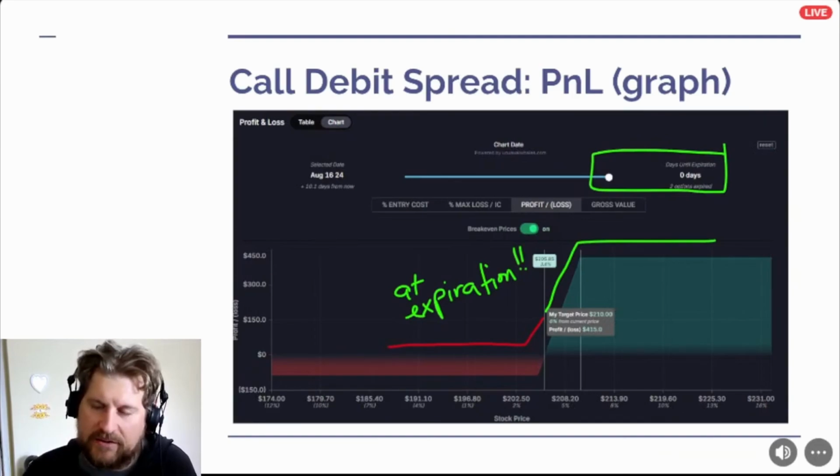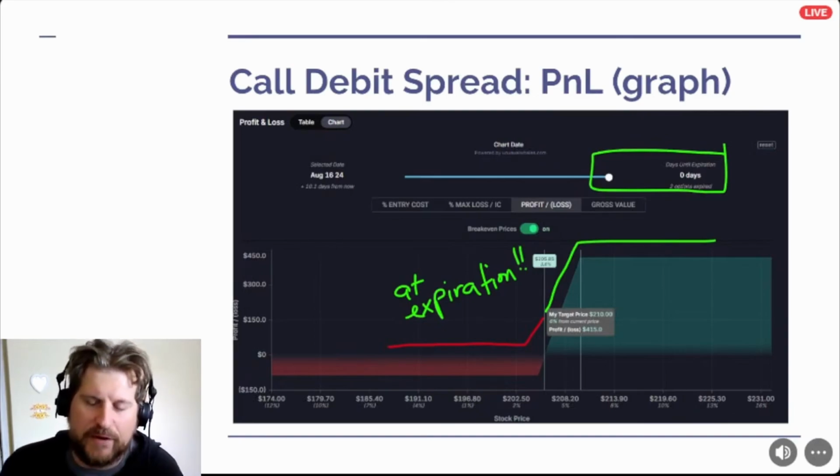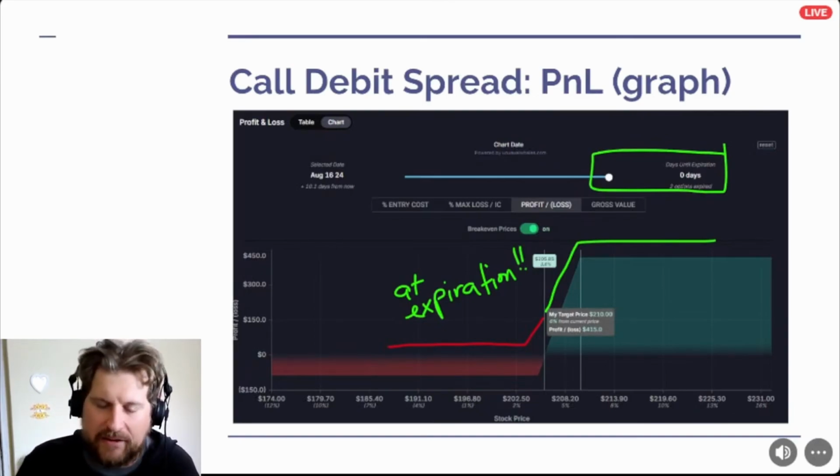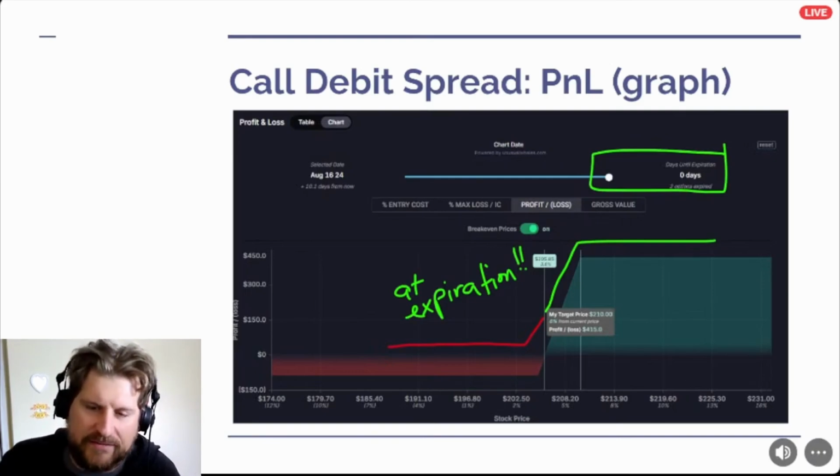Once the price of the underlying goes above your short leg, you're in that max profit zone. And so a call debit spread is very much a binary bet. I've heard it referred to in the past as model free. You don't need a model to predict the value of this spread as time goes on. It's very clear.